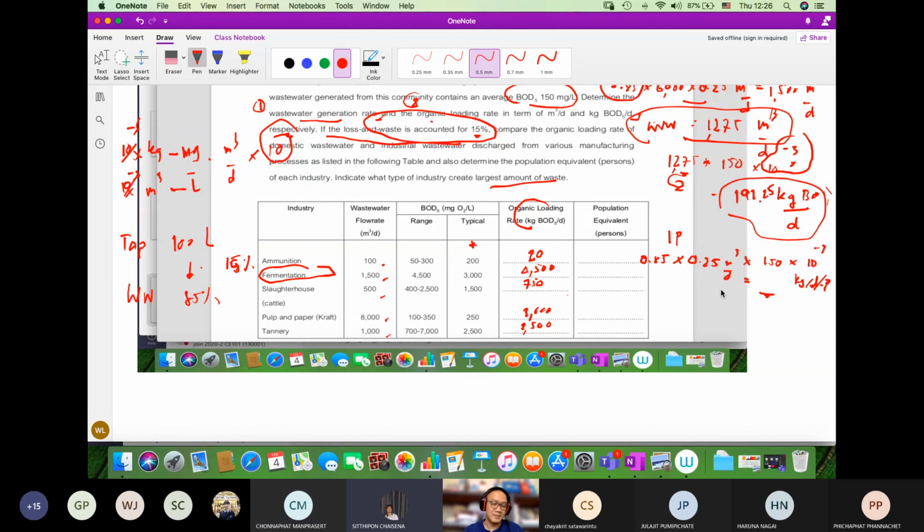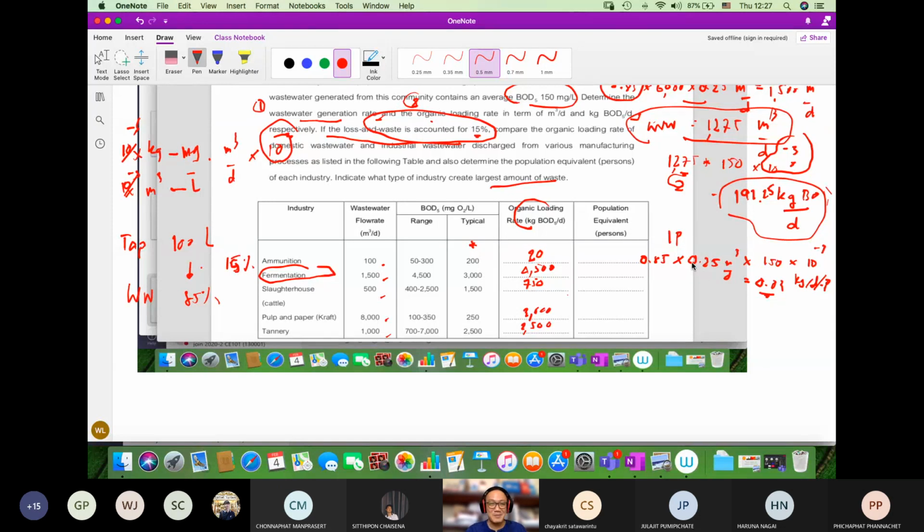Population equivalent, in this context, means suppose this industry generates waste of 20 kilograms per day. It is equivalent to how many persons generating the waste.